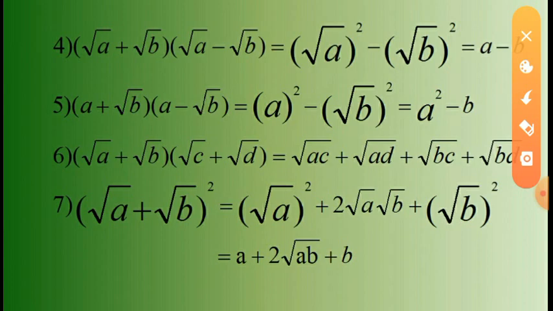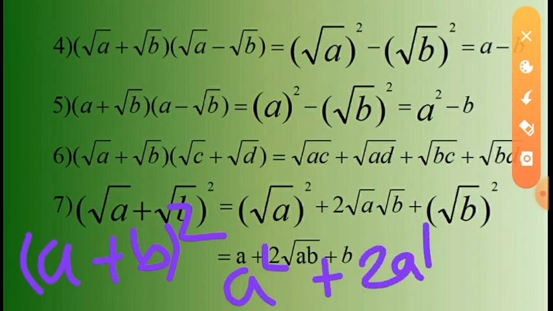Then this is root of A plus root B the whole square. Now, is it your identity of the form A plus B the whole square? What was A plus B whole square? Yes, it was A square plus 2AB plus B square. Yes, the same thing. Now root A square plus 2 into AB.